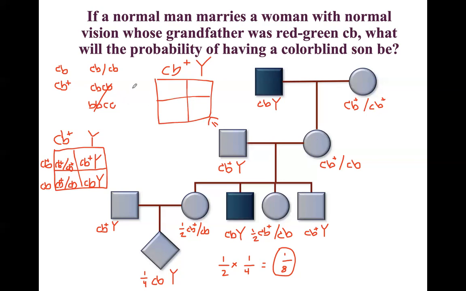And then she is CB plus Y. No, sorry, she's CB plus CB.